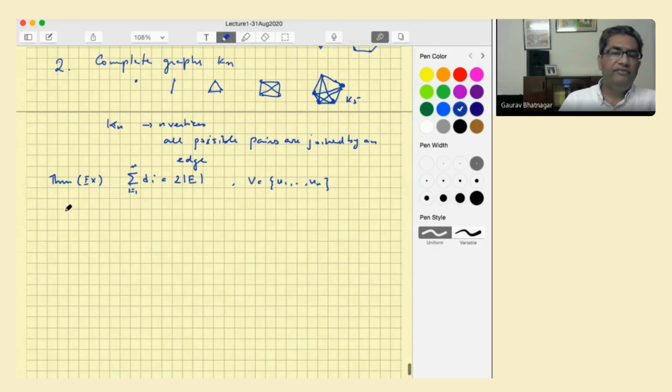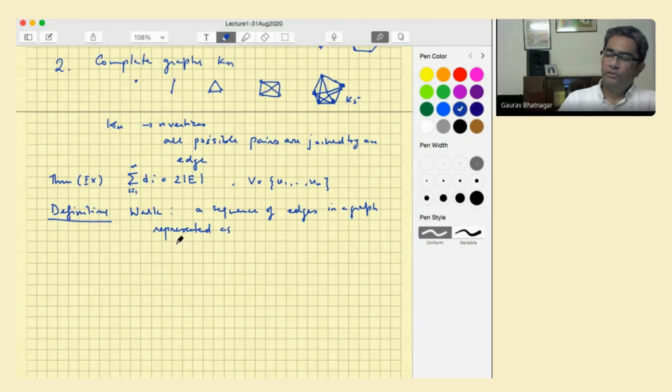Then there is a definition. There are lots of definitions we start with. It's a new topic of a walk. A walk is a sequence of edges in a graph, represented as u0 to u1 to u2 and so on.